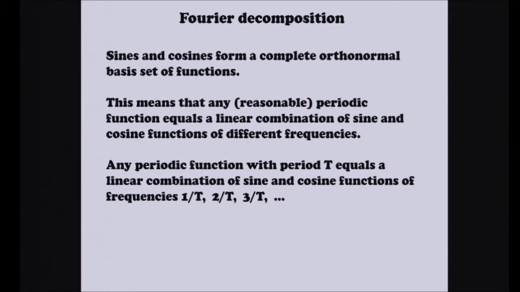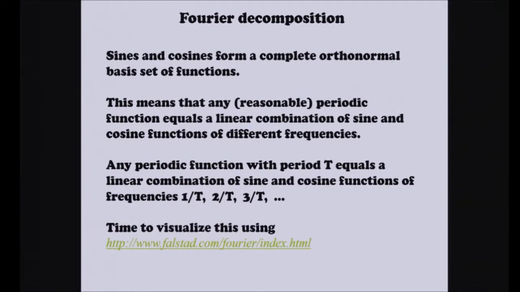So if you have a periodic function and it has some period T or some frequency omega, for example, you can write it as a linear combination of sines and cosines that have frequencies omega, 2 omega, 3 omega, 4 omega, etc. And so let me show you with a cool visualization here.